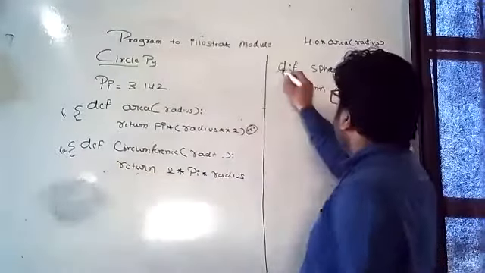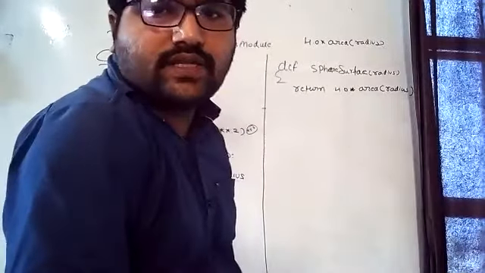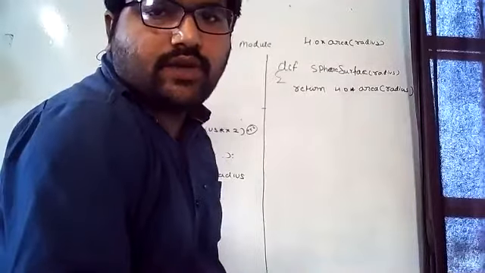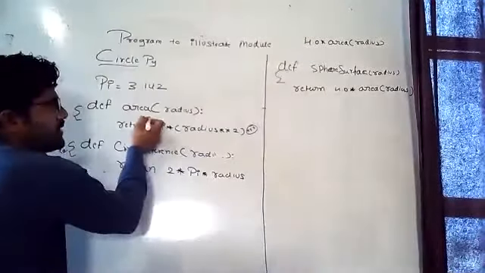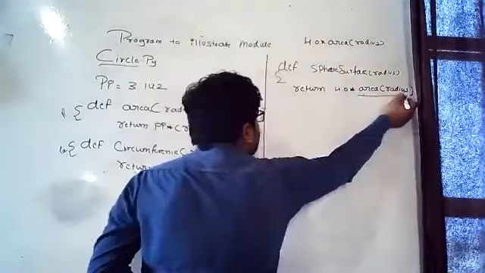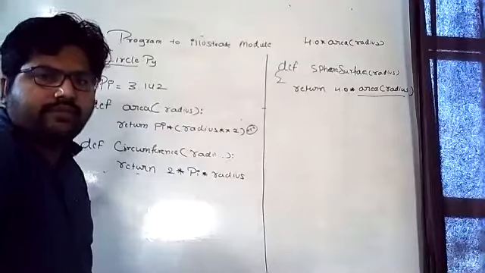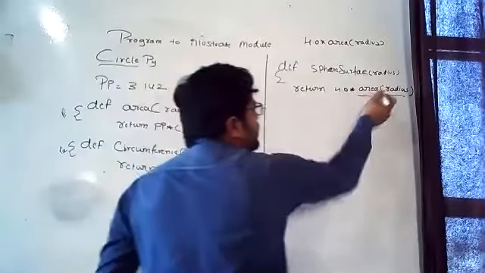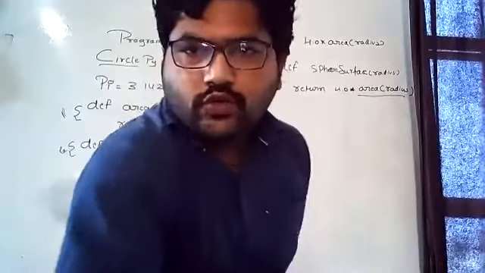If f3 is called, the sphere surface will be returned. What is the formula of sphere surface? That is 4 into area of circle. We already have area of circle, so I'll pass this as a function. So return 4.0 into area of circle. Clear it is, my dear students.